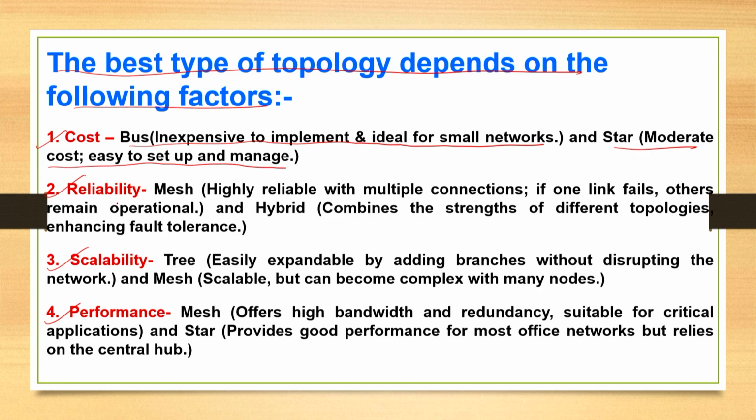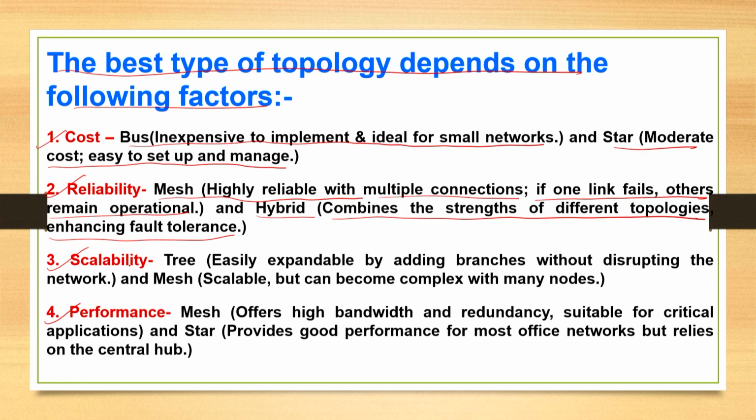When it comes to reliability, mesh is highly reliable with multiple connections, because if one link fails, others remain operational. And hybrid also, because it combines the strengths of different topologies, enhancing the fault tolerance.